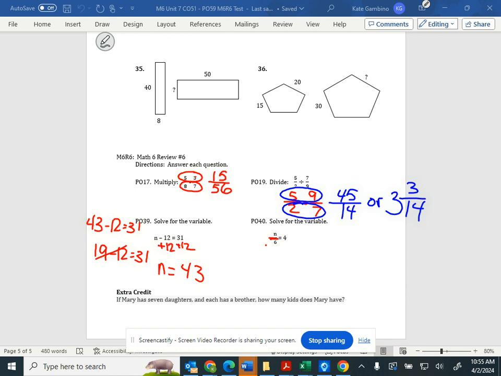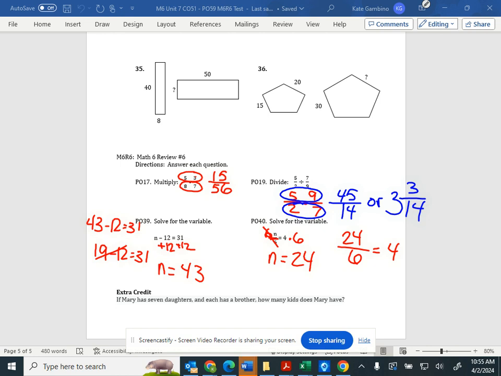So I need to do the opposite, and I'm going to multiply by 6. 6 over 6 cancels out, and I get n equals 24, because 4 times 6 is 24. I can go back and check that and say 24 divided by 6 really does equal 4.